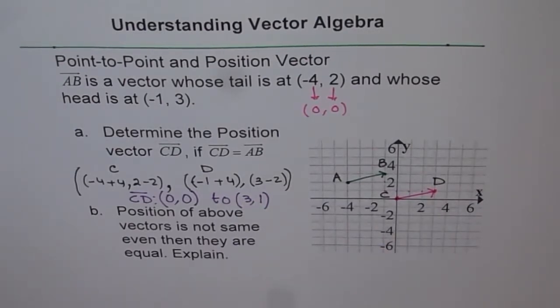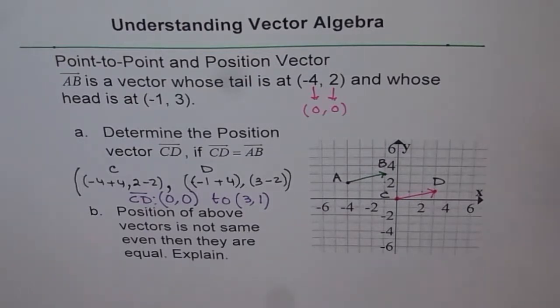You see that? So algebraically, we can get the points C and D using translation. Do you see that? Right. So the idea is that the tail will always be translated to the origin. That means 0, 0.